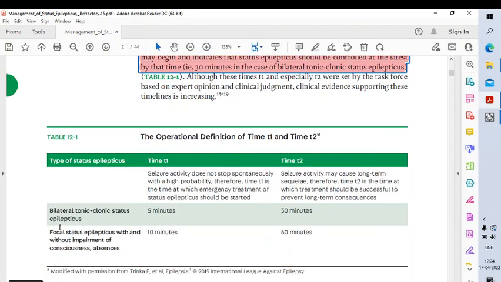Now T1 in case of bilateral tonic-clonic status epilepticus is 5 minutes. And for the focal status epilepticus with and without impairment of consciousness, or in the absence seizure, T1 is 10 minutes. For the bilateral tonic-clonic, it is 5 minutes.